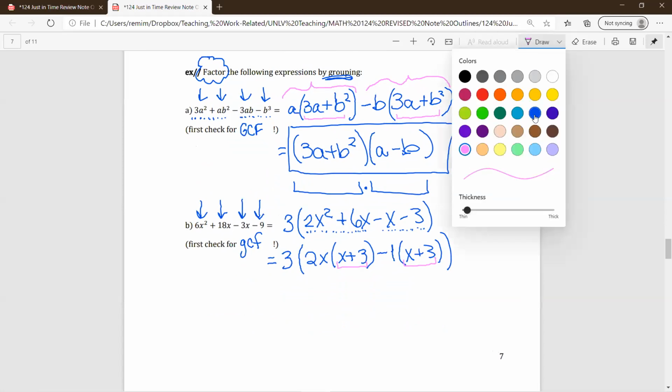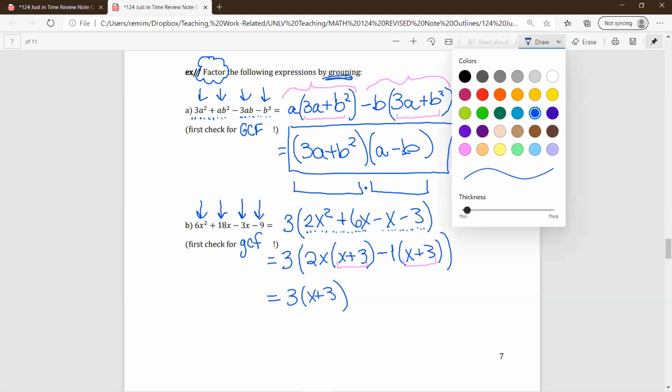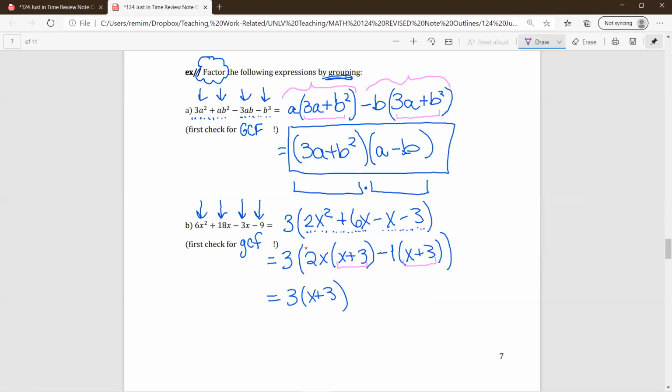So once we see that, what we always do with those leftover parts, the ones that are the same, the x plus 3, we put them out in front, like that. And again, you're just thinking of this as one big term and this as one big term. And you're saying, okay, what do they have in common?